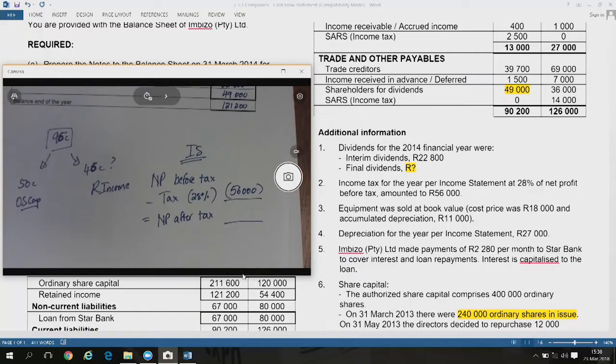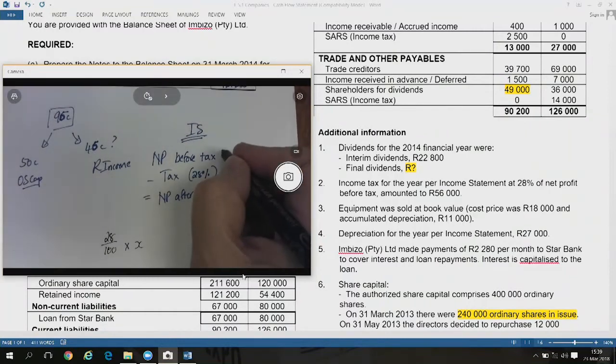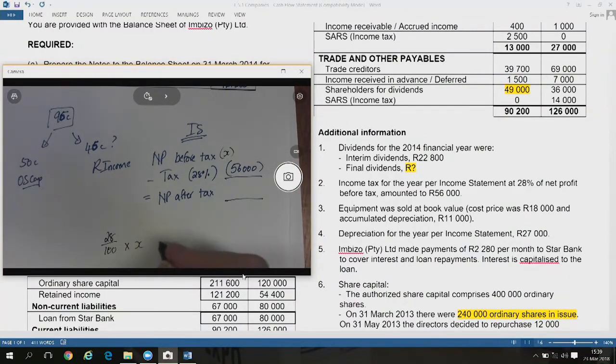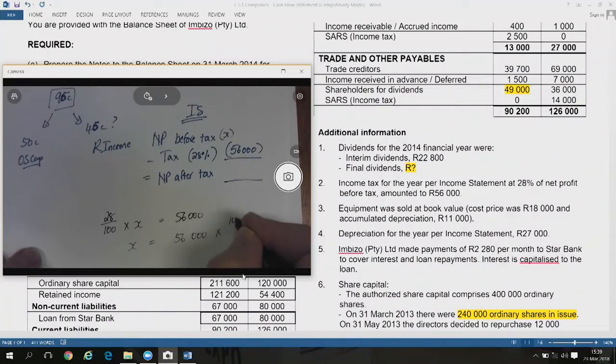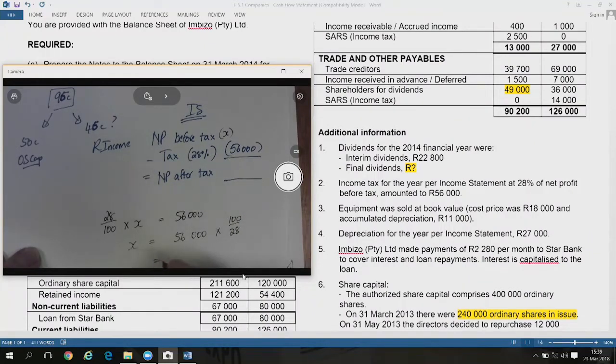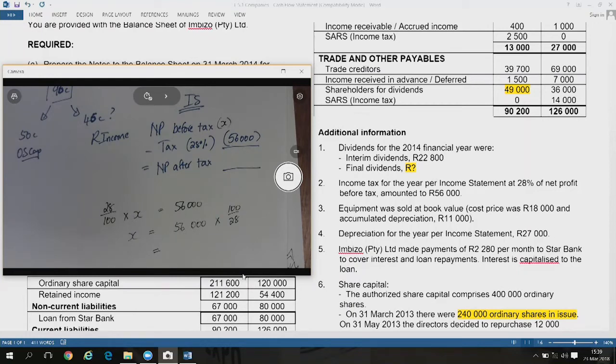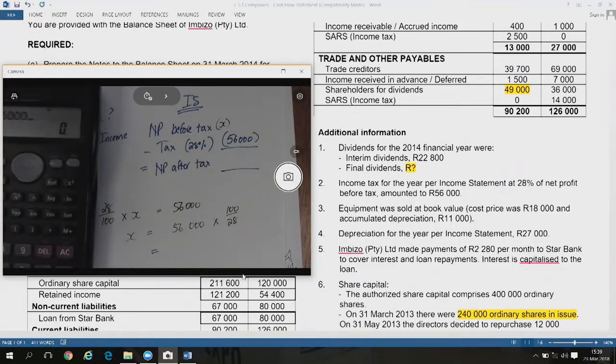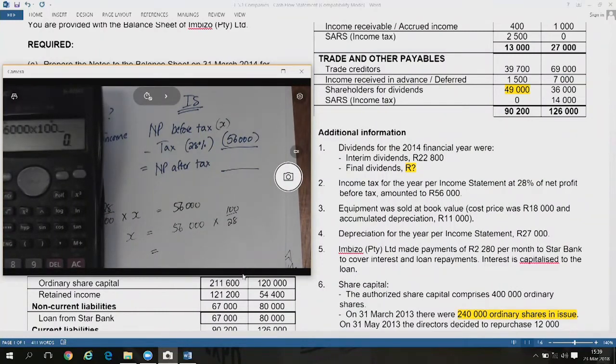Can you see there? So a normal maths calculation, you just say that 28% of X, what is X? Profit before tax, gives you 56,000. X equals 56,000 times 100 divided by 28.